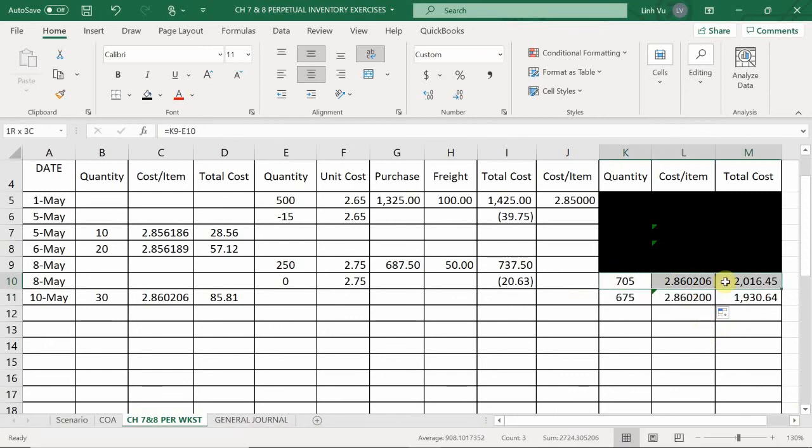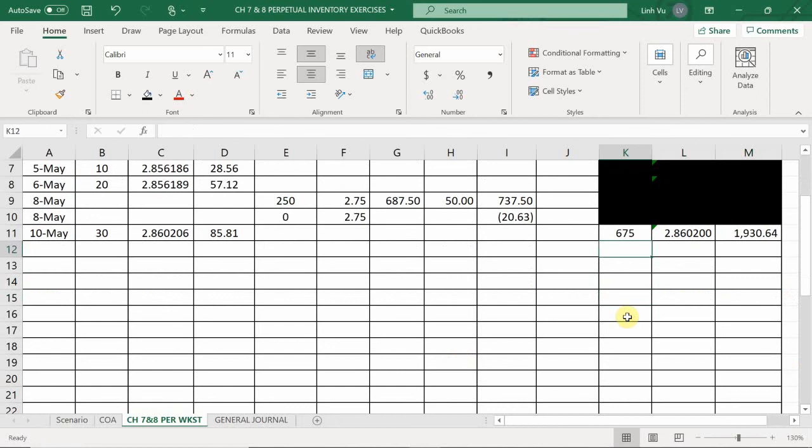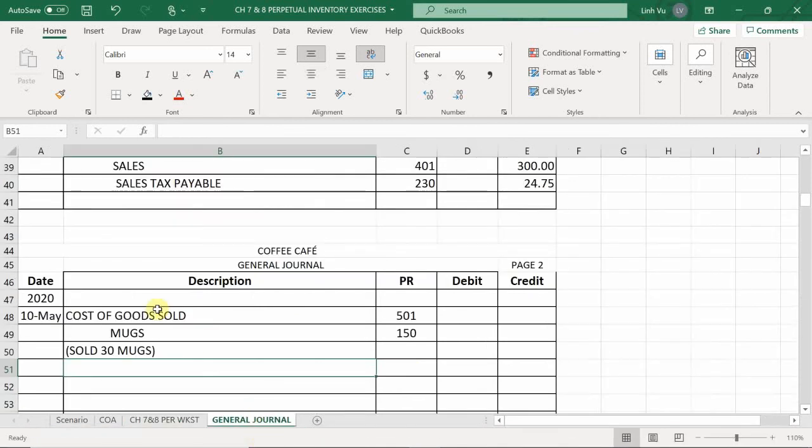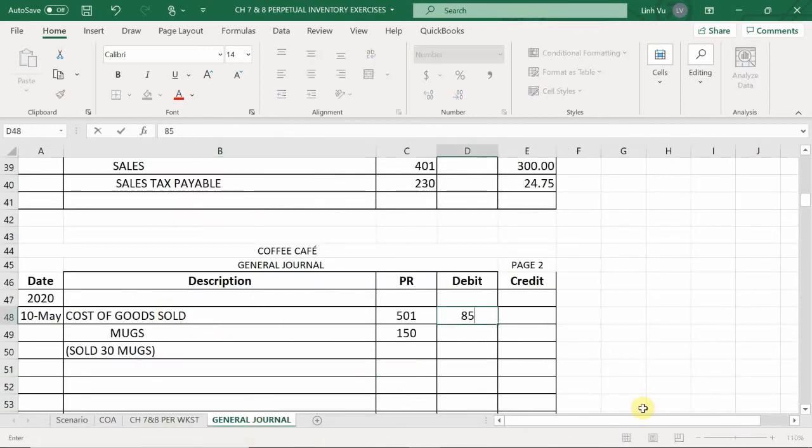Right? Didn't change by that much. So again, we have our cost of goods sold of $85.81.